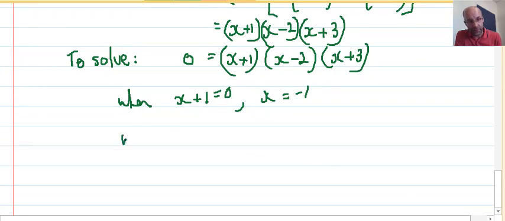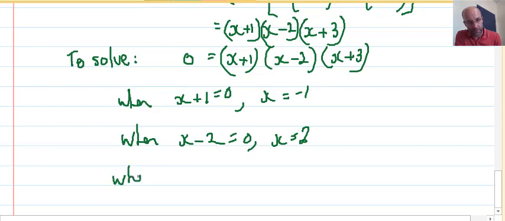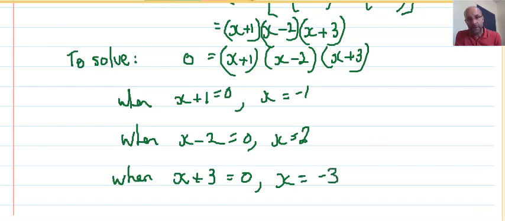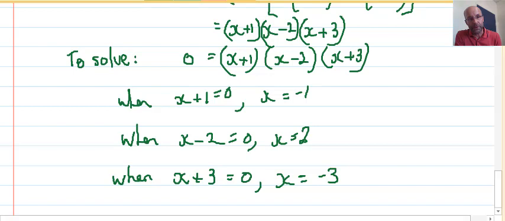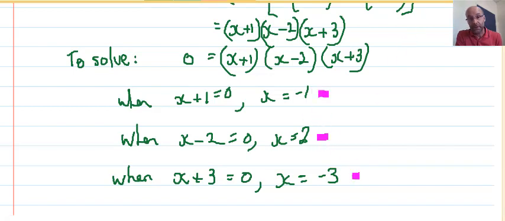When x minus 2 equals 0, x equals 2. When x plus 3 equals 0, x equals -3. Therefore, we have solved it for the values of x. There's our three solutions for x.